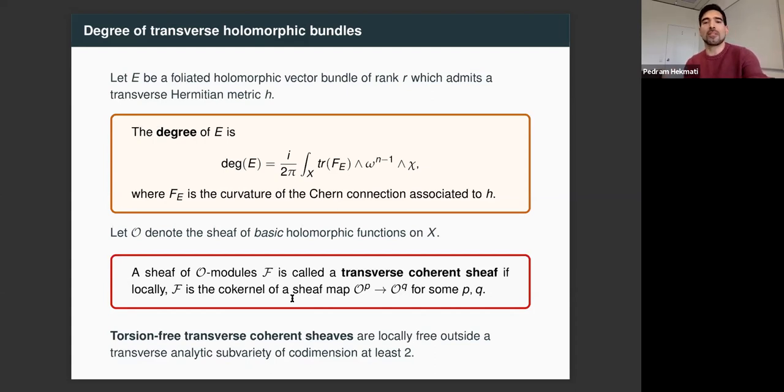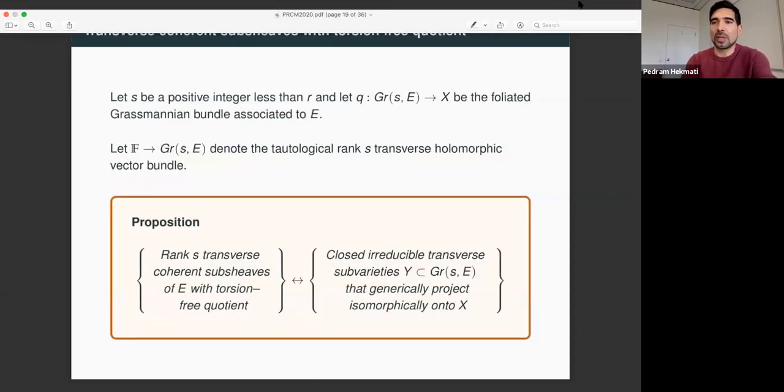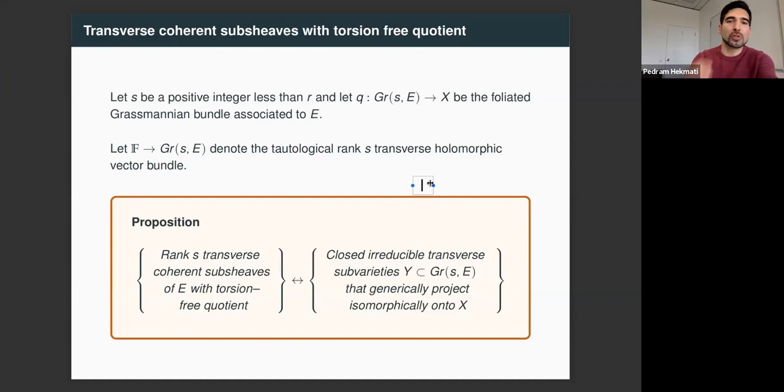But the problem you face here is that even though your original bundle E has a Hermitian metric, it does not imply that the determinant line of this transverse coherent sheaf will inherit the metric. So to get around this issue, we use a foliated version of Hironaka's resolution of singularities.